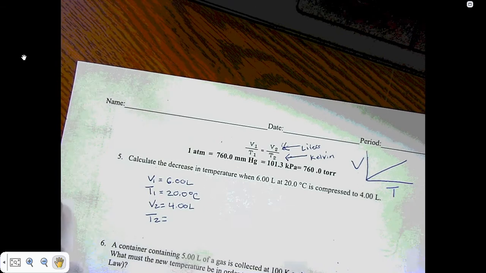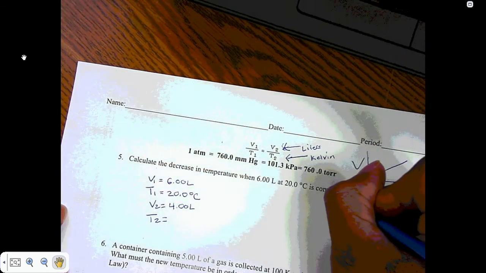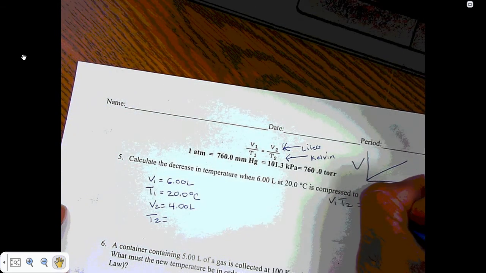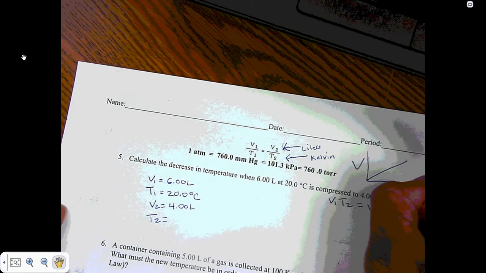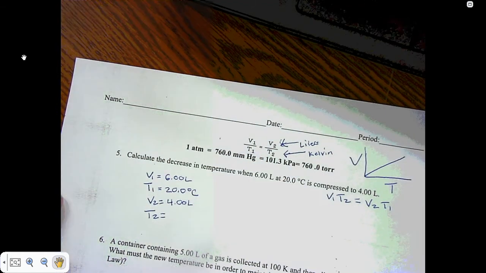So rearrangement would lead to this equation: V1 T2 is equal to the product of V2 T1. And then you can cross multiply or divide or whatever you see fit going from there.